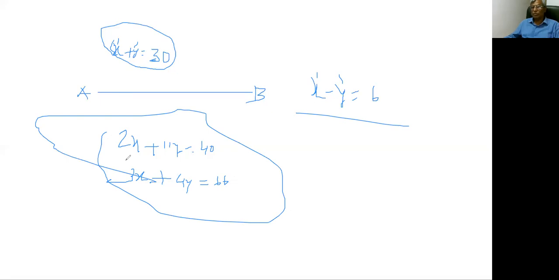These two equations, 2x plus 11y is equal to 40, 3x plus 4y is equal to 66, both are linear equations in x and y. You see here the power of x and y in the first equation is 1, and the power of x and y in the second equation is also 1.